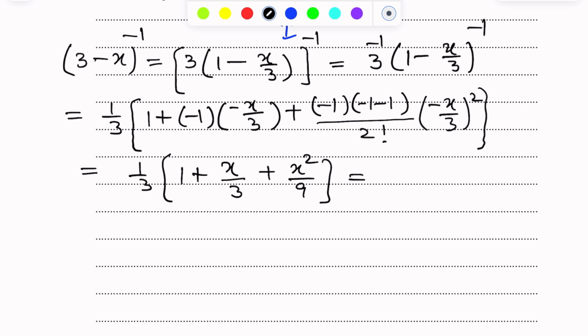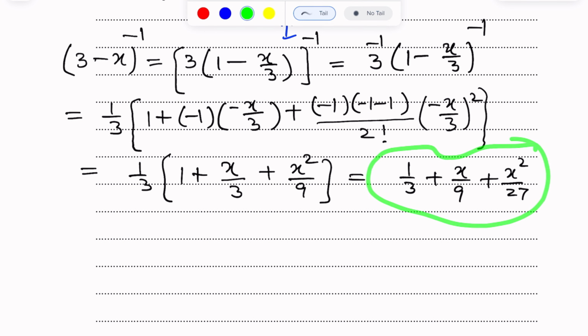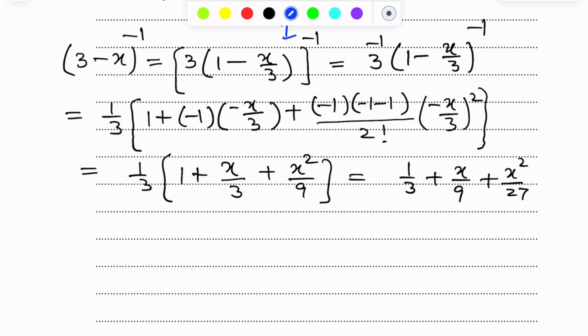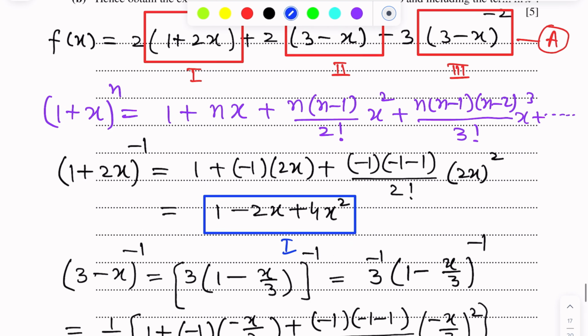We get 1 over 3 plus x over 9 plus x square over 27. This is the expanded form of box number 2.